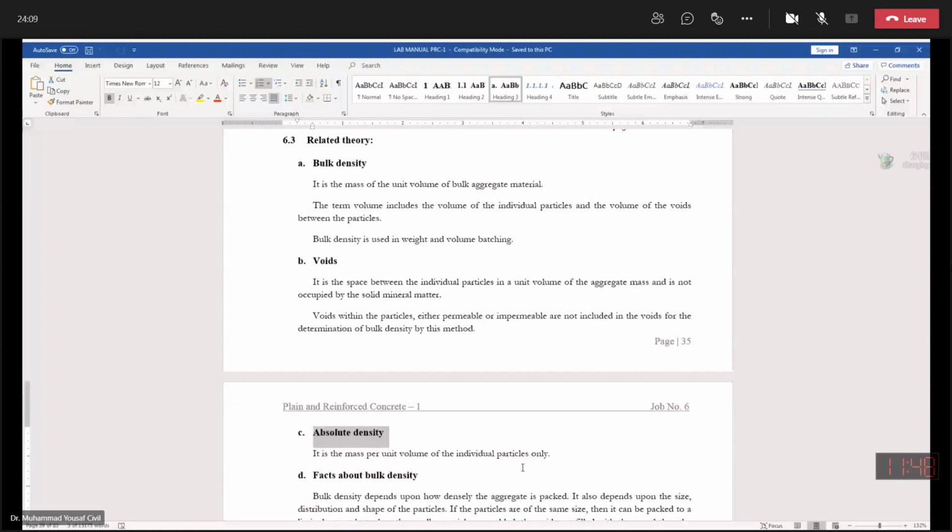Just fill it with water. Then the volume taken up by the individual aggregate particles, and the volume taken up by the total aggregate; the difference between these will give you the volume occupied by the water in the spaces between the aggregate particles. So this is known as absolute density.